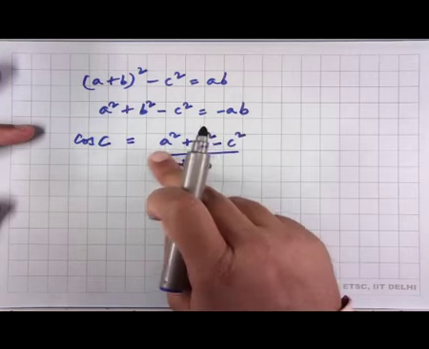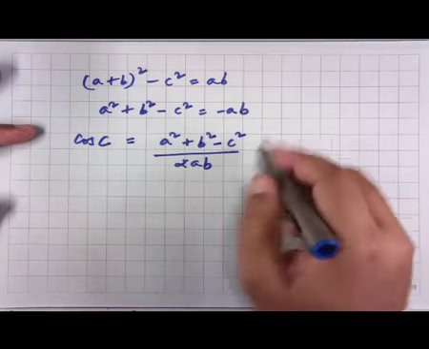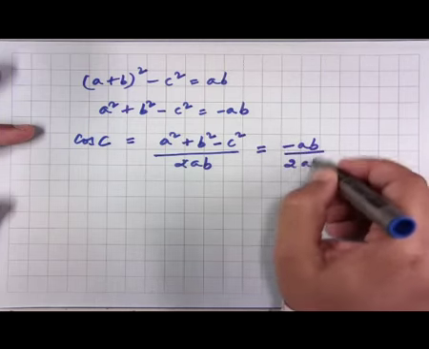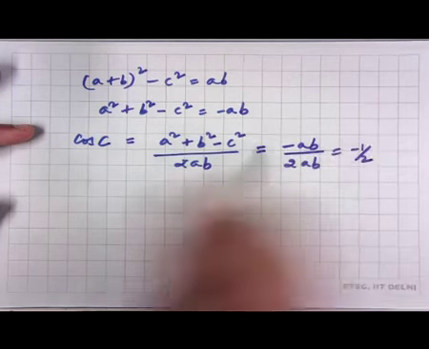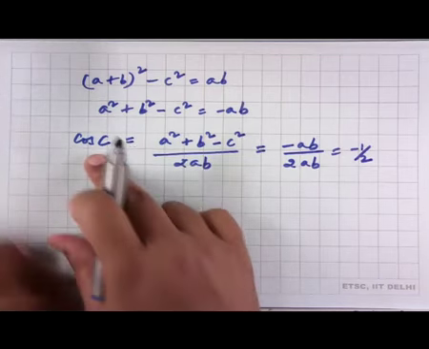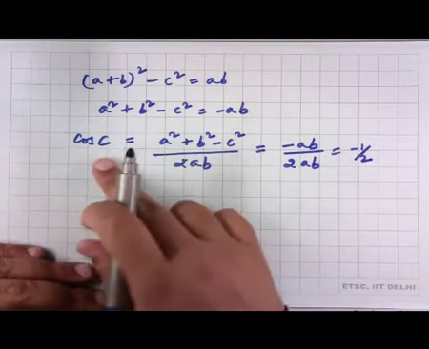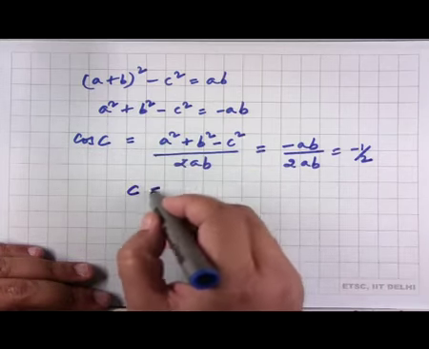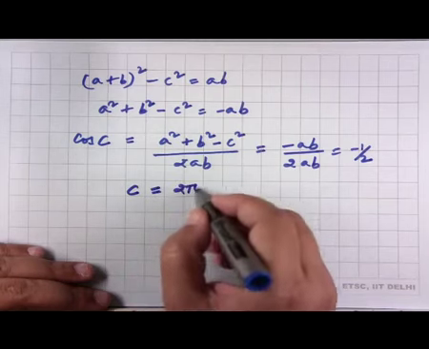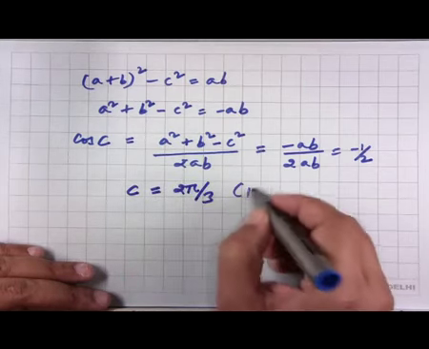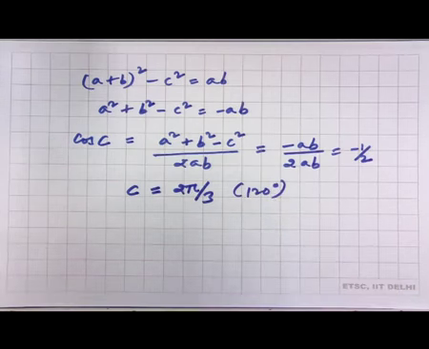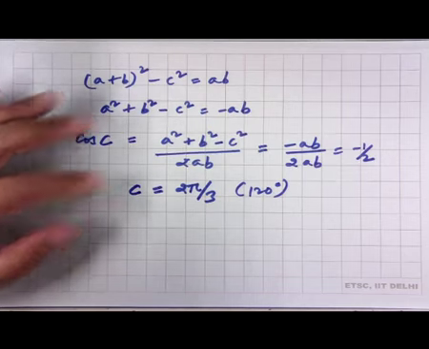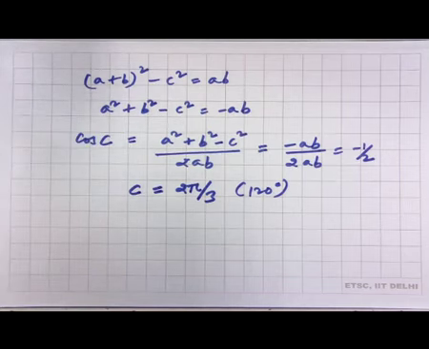But since the numerator here is equal to minus AB, this cos C is equal to minus AB by 2AB, which is equal to minus half, and since C belongs to 0 to pi, cos C equal to minus half implies that C is equal to 2 pi over 3, or essentially 120 degrees. So, we have been so far able to find the value of this angle C.